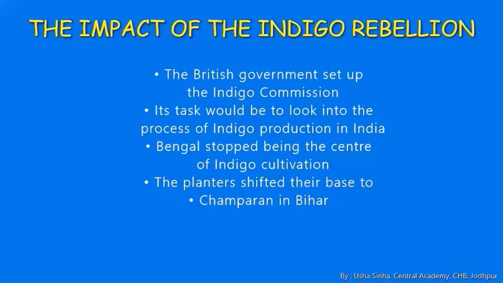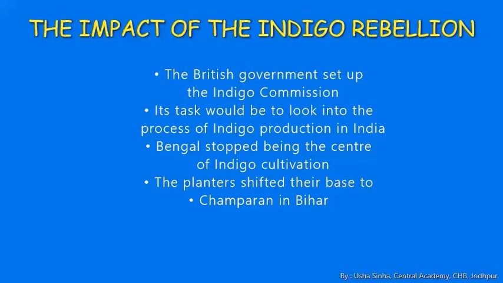After the Indigo Rebellion, the British were forced to bring about certain changes in the indigo plantation. The Indigo Commission was set up for the entire process. Its task would be to look into the process of indigo production in India and suggest further modification.